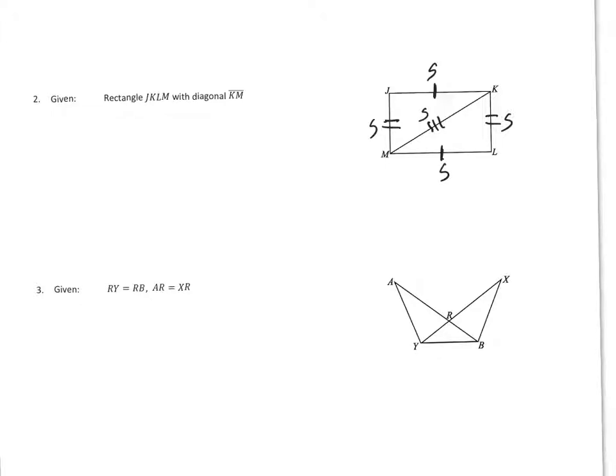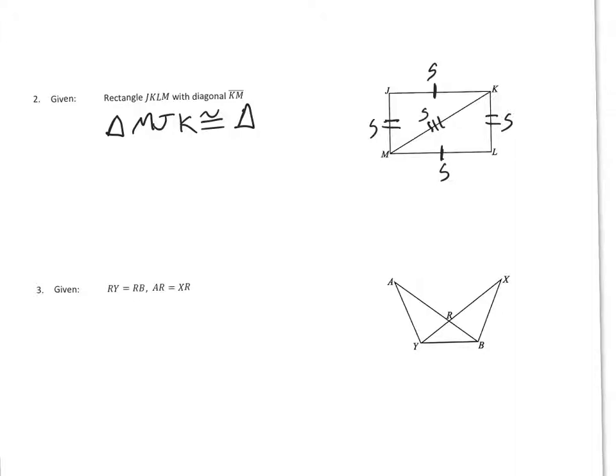So I can do triangle, and let's do MJK. It doesn't really matter what order I write these letters, but I need to make sure that it matches with the other triangle. So the M has to match up with the corresponding point on the other triangle, which is going to actually be point K. Well, let's see.